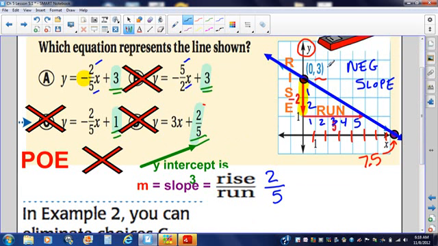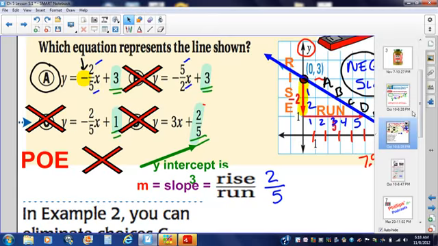Your grade was an A, now it's a B, then it's a C, then it's a D. Your grade is going down, that is a negative slope. Here is my negative sign. Choice A is the best choice.